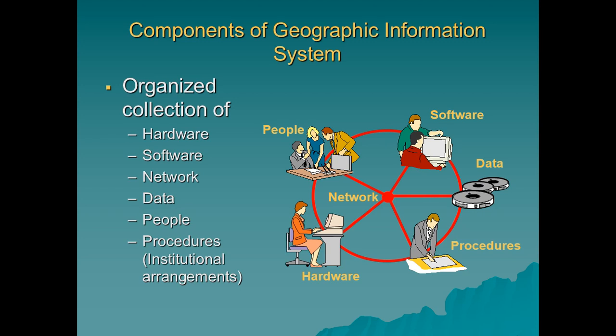For example, we have organizations that have different locations. So computer networking facilitates that. That means that if you have a GIS department in one location, departments belonging to that organization in different locations can tap into those resources.